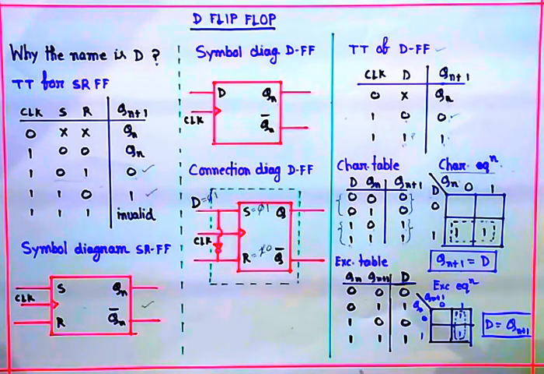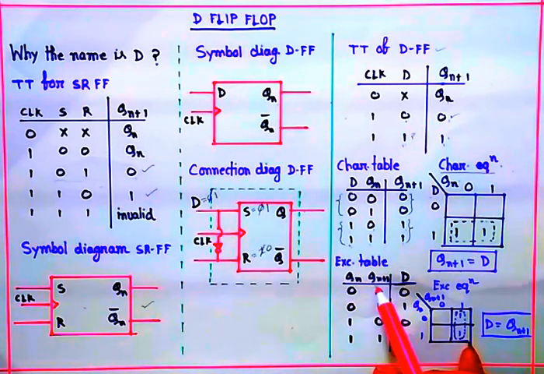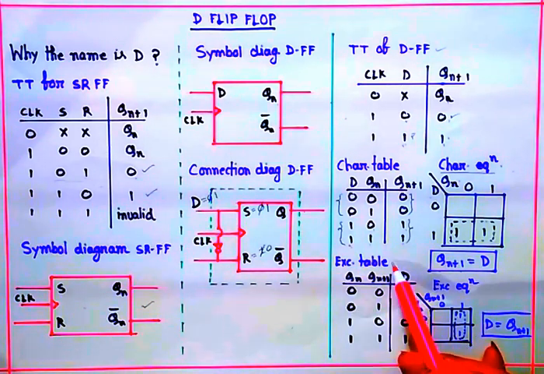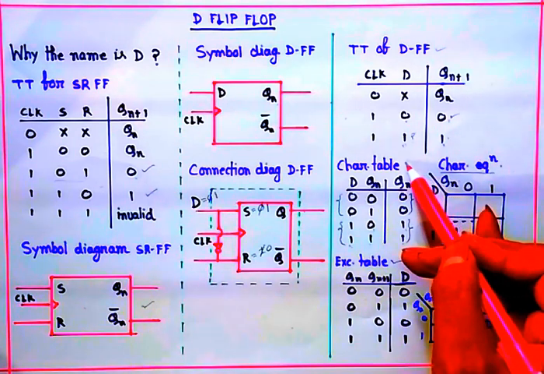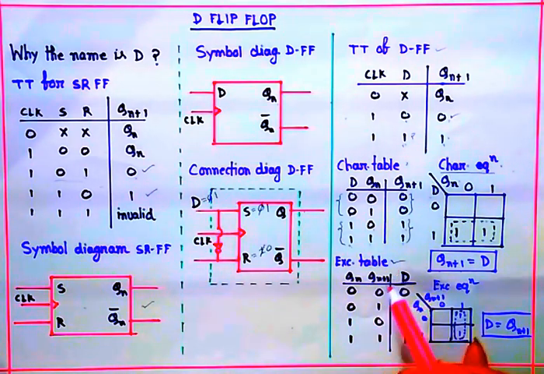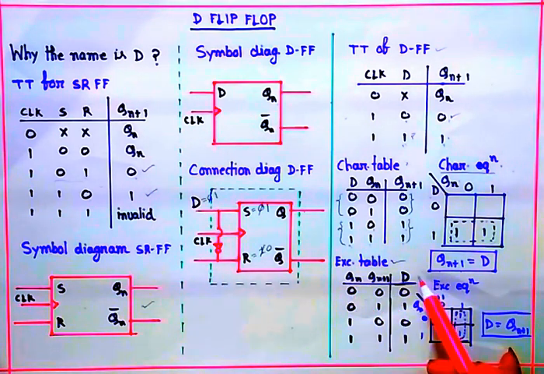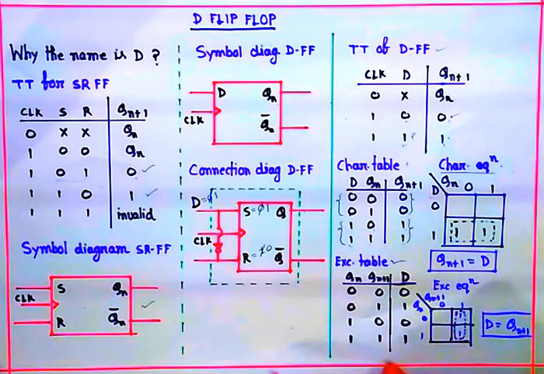Now let's try to form the excitation table. Again you know that you can get this excitation table from this characteristic table. So how to form it? You know that input of this excitation table is Qn and Qn plus 1. We have to check the output value of D. Again using this Qn and Qn plus 1, 4 combinations are possible.